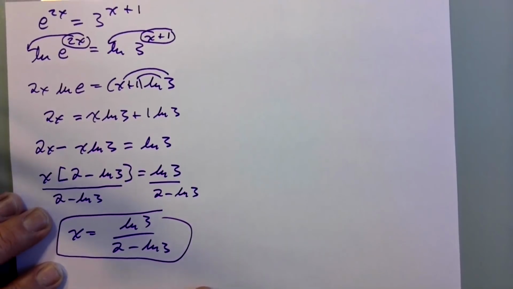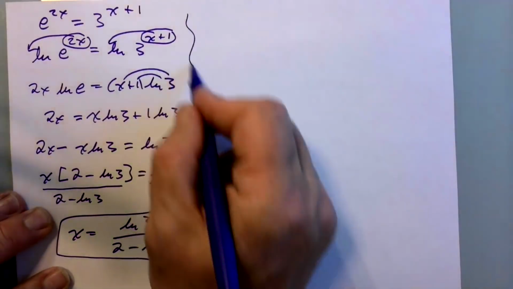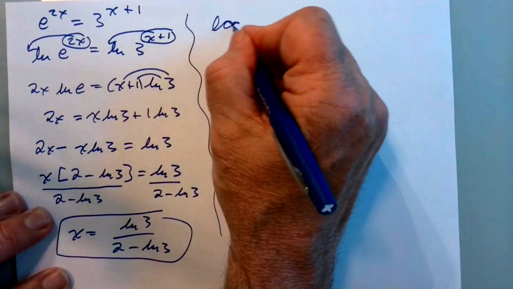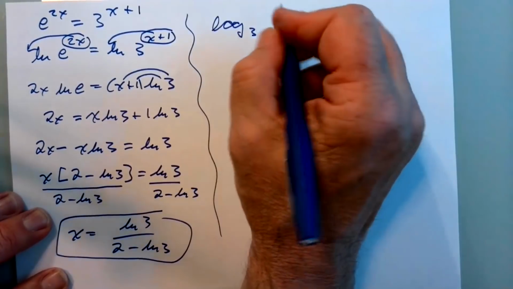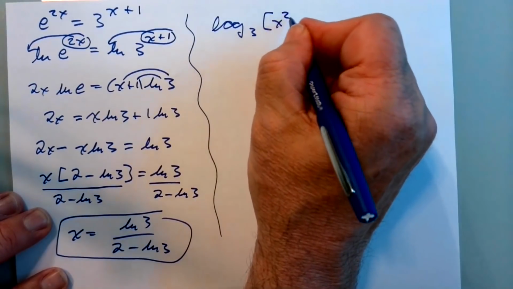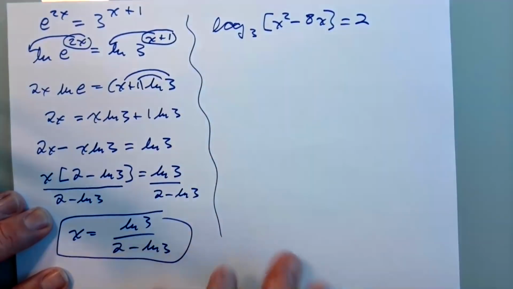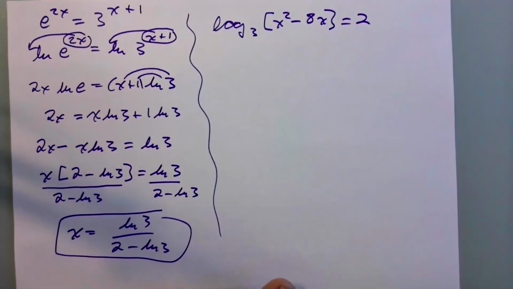So that's that problem. The next one that I will do is in the world of logarithms. So I want to solve log base 3 of x squared minus 8x equals 2. Before I spend much time on logs, let me remind you that you cannot take a log of a negative number.